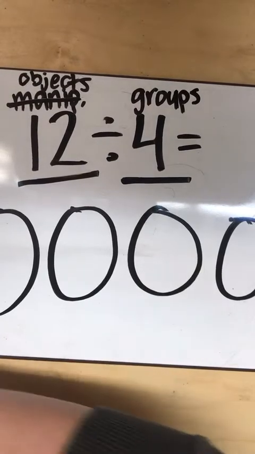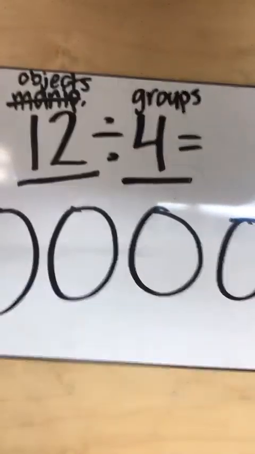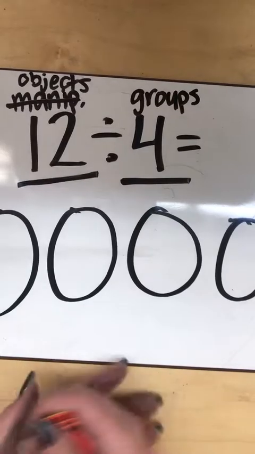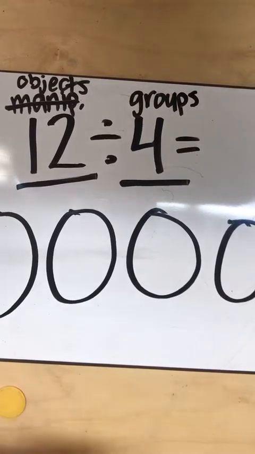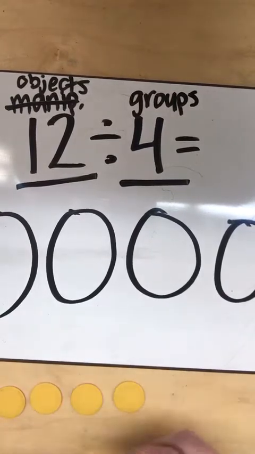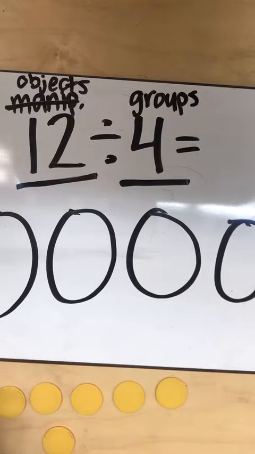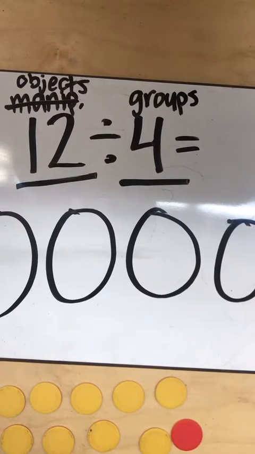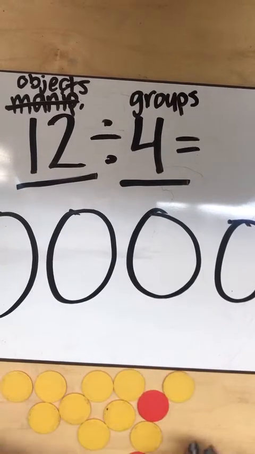So to start, I'm gonna have them count out 12 items. 1, 2, 3, 4, 5, 6, 7, 8, 9, 10, 11, 12. So we have our 12 items.